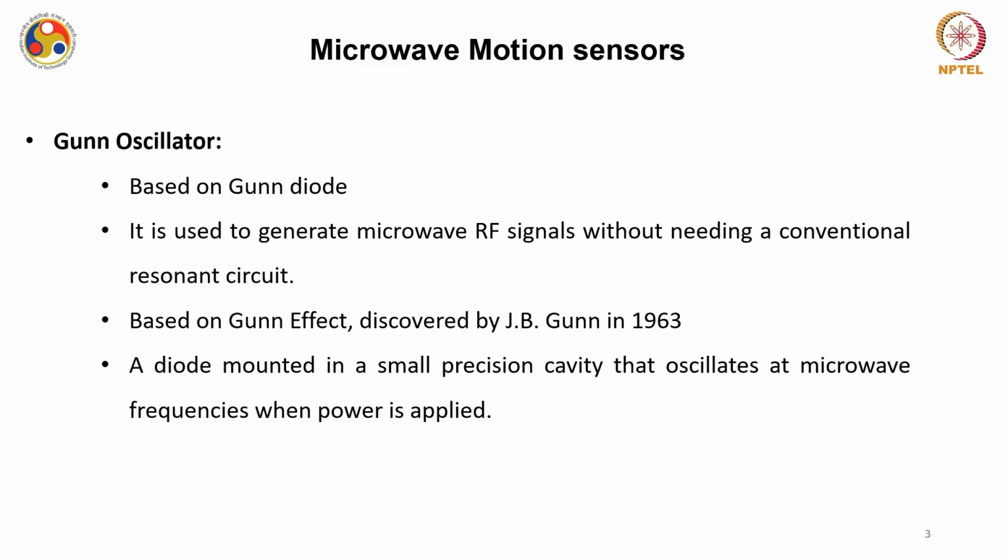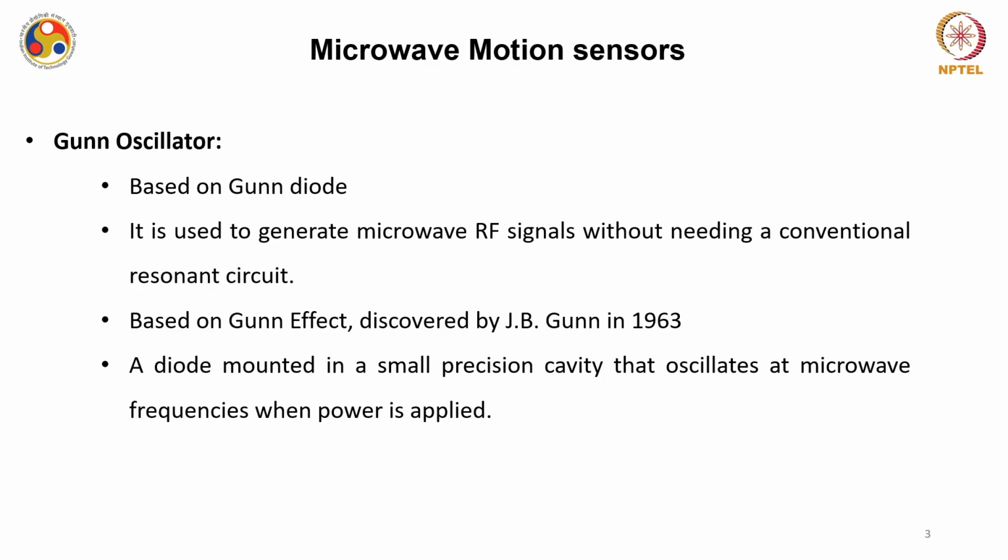The Gunn oscillator, as the name suggests, is based on the Gunn diode. If you do not know the Gunn diode, I suggest having a look at its principle; I will just try to cover it very briefly. The Gunn oscillator is used to generate a microwave RF signal without needing a conventional resonance circuit, which would make it bulky.